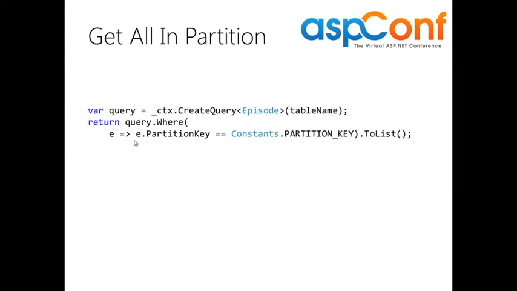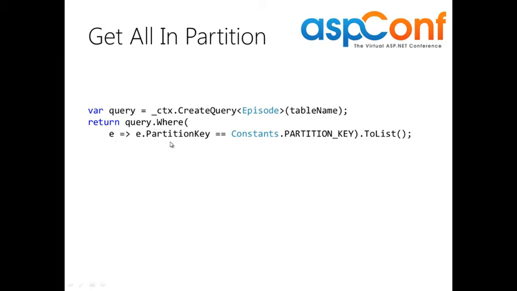So with that context object, for example, we can create a query to return an IQueryable and use LINQ to iterate through that. We can use LINQ in this syntax here.